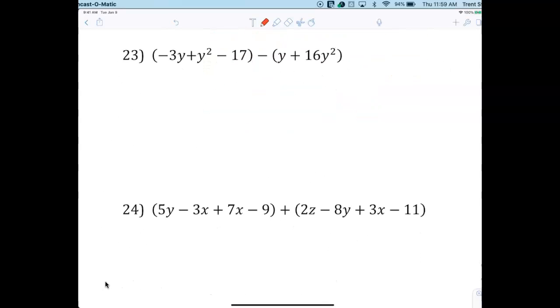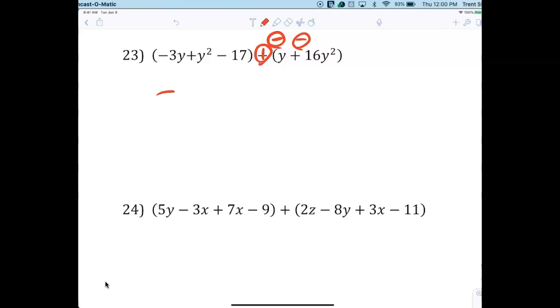All right. Zayden, you up? What do I have to do first? So you have to make the negative a plus. Good. Now, always try to write in descending order if you can. So now, tell me the answer. Negative 17y squared.